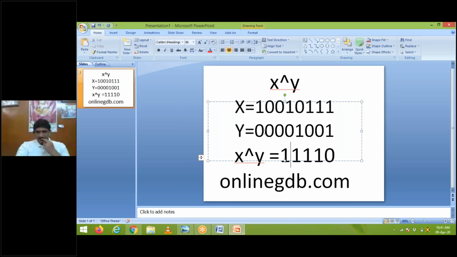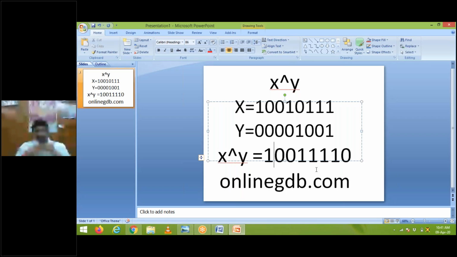I added so many digits, let me count: 1 2 3 4 5 6 7 8. In the same way, 0 and 0 means 0, 0 and 0 means 0, and the first digit is 1. 1 and 0 means 1, 0 and 0 means 0, 1 and 0 means 1, 0 and 1 means 1, 1 and 0 means 1, 1 and 1 means 0. This is the result.